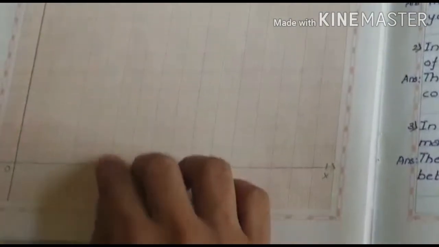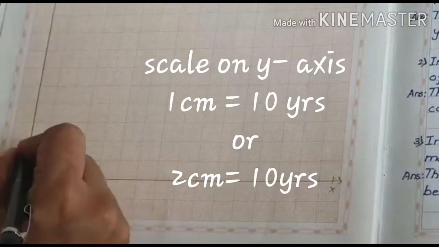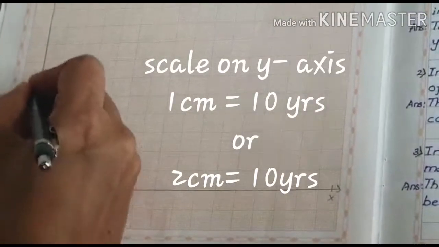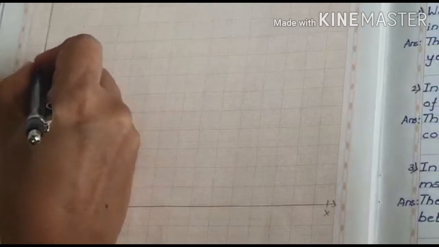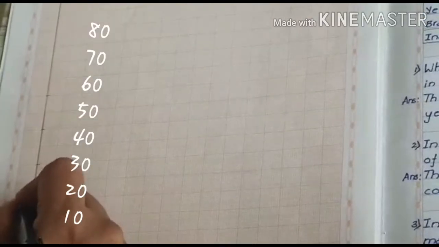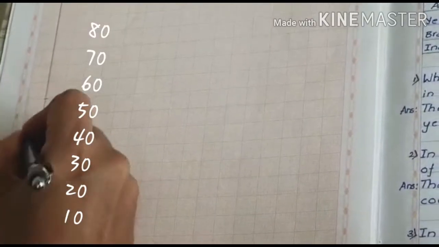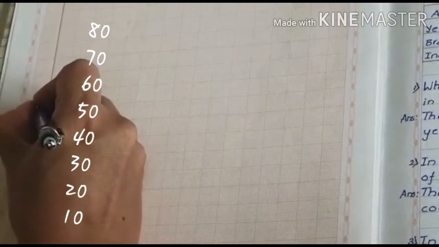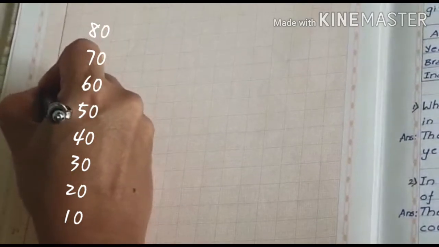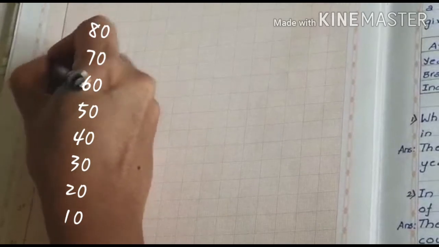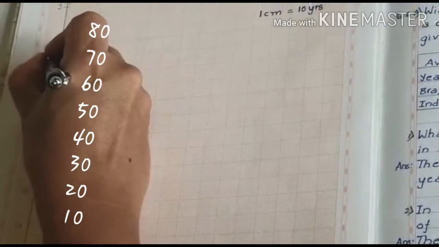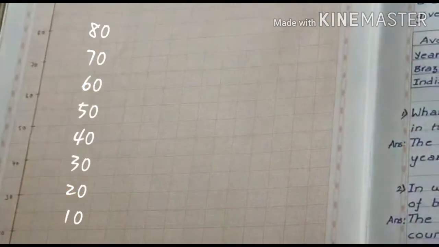That means you will be drawing it like this. 2 centimeters if you are taking, you can draw it in this manner. Is that clear, students? So here we can put it as 10, 20, 30, 40, 50, 60, 70 and 80, because the highest variable is 73. So we can take it till 80.